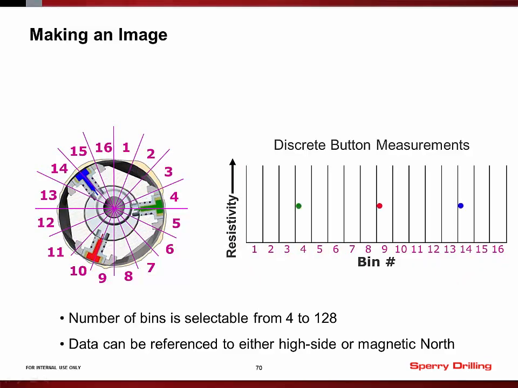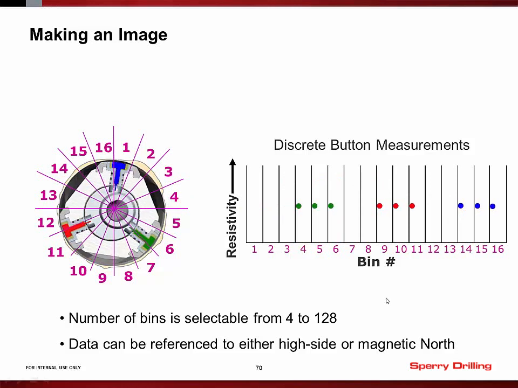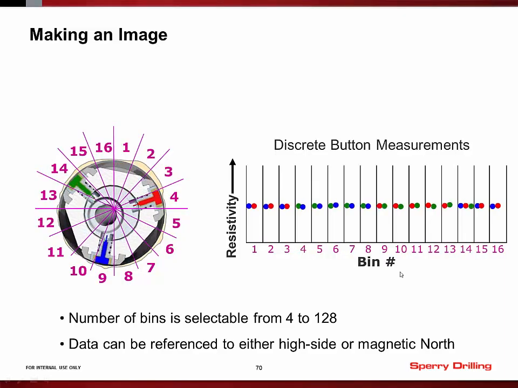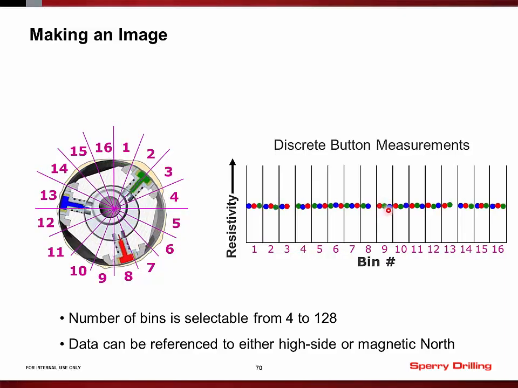So to begin with, the tool might rotate a little way, and we get, say, the red button gave us a value in bin number 9, the blue button gave us a value in bin number 14, and the green button in bin number 4. And as the tool rotates more, it continues to fill up those bins with samples. And you'll notice that each bin can contain samples from all 3 buttons.